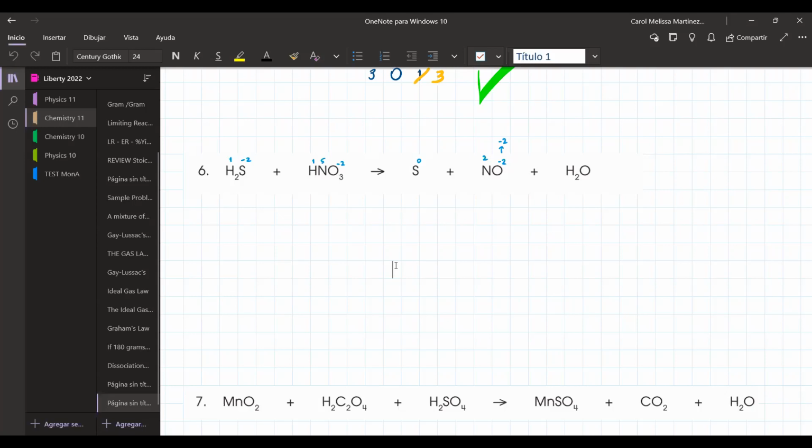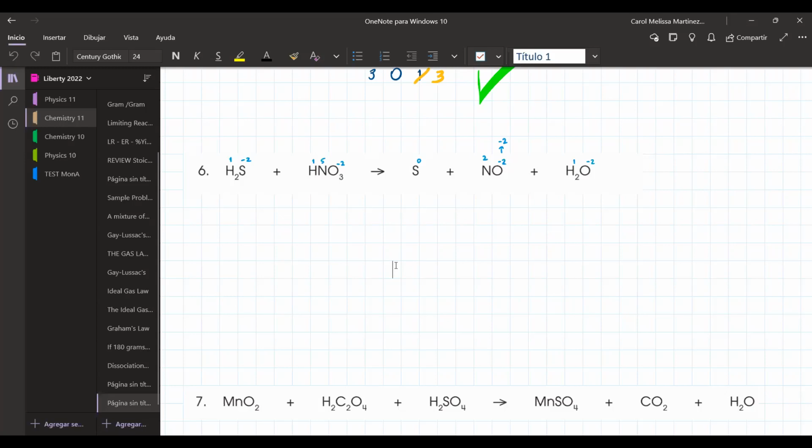And then in water, you know, it is -2 and 1. So first I notice that my nitrogen was initially 5, and after the reaction took place, it is 3. So I have a reduction in the oxidation state.